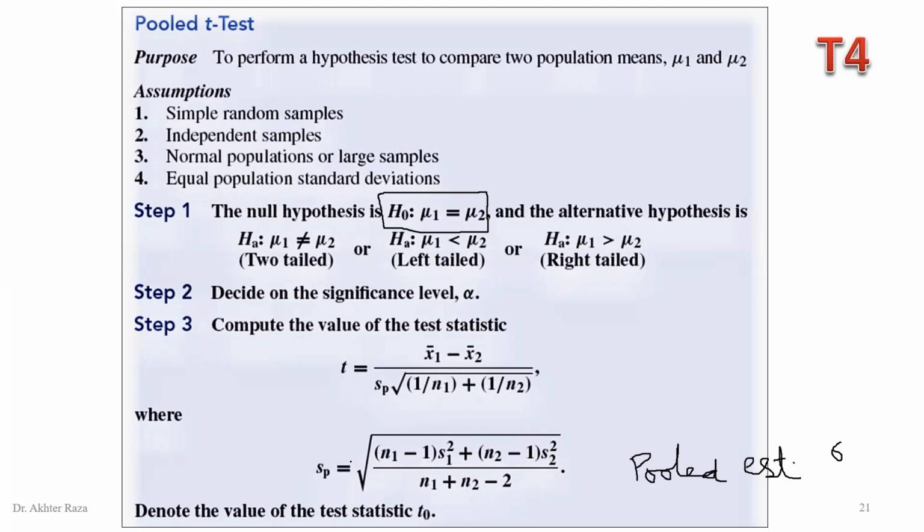This standard deviation pool is to be plugged in here. If I generalize the formula from the Z distribution, it will be mean 1 minus mean 2, minus population mean 1 minus mean 2, divided by the square root of sigma 1 square upon n1 plus sigma 2 square upon n2.